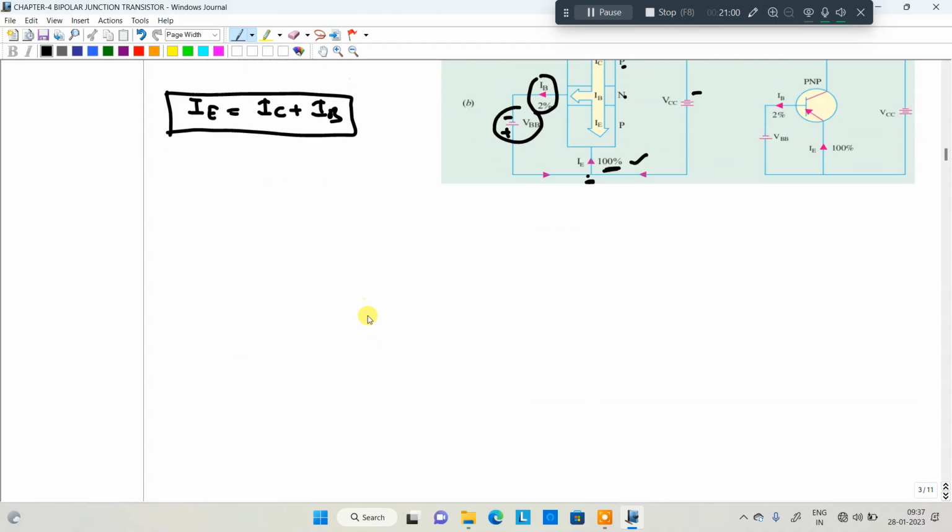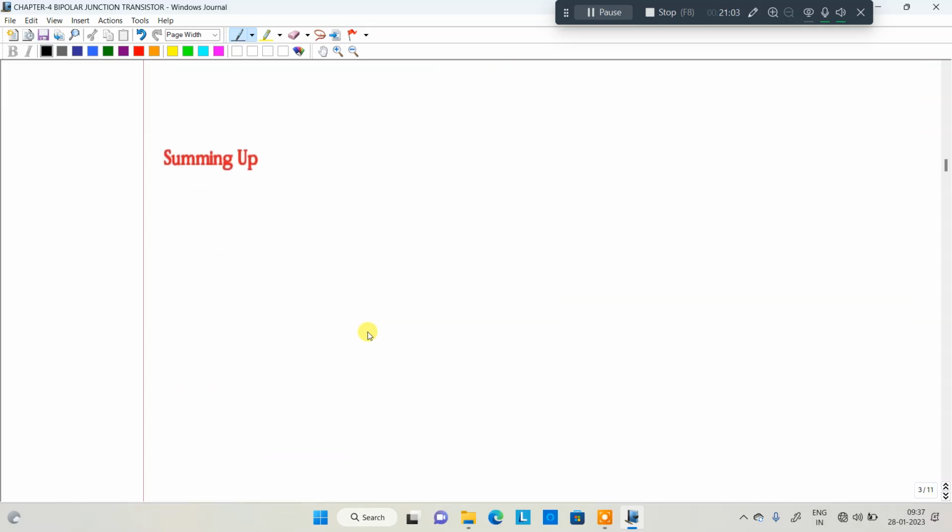Then we are moving to summing up. We have four points here.